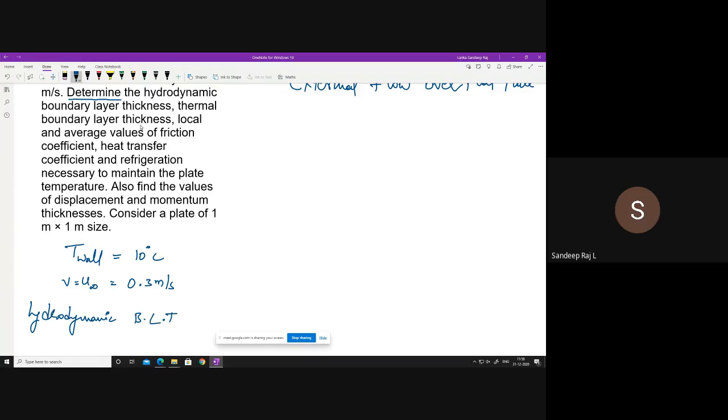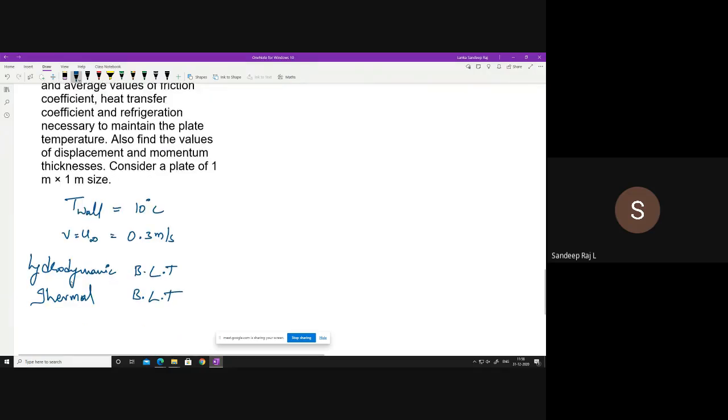Boundary layer thickness, and thermal boundary layer thickness, and the local value of friction coefficient.